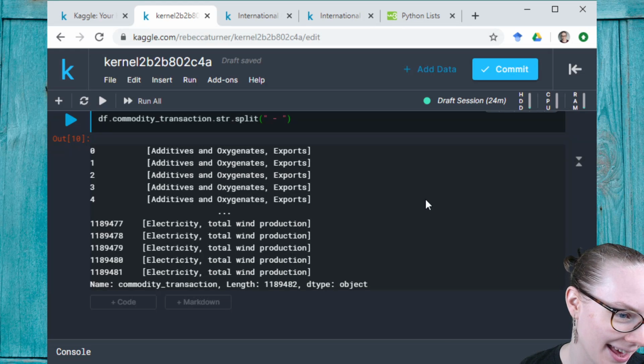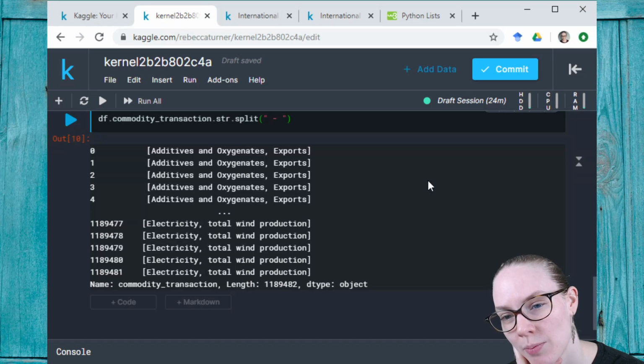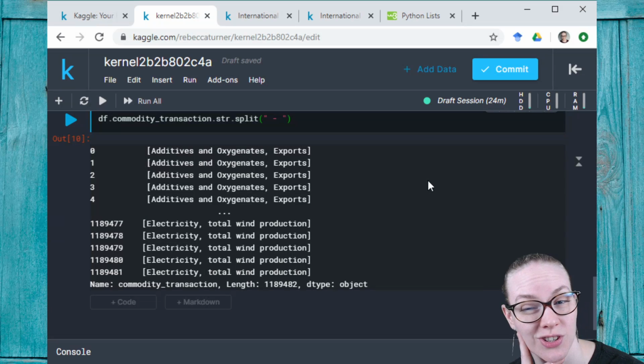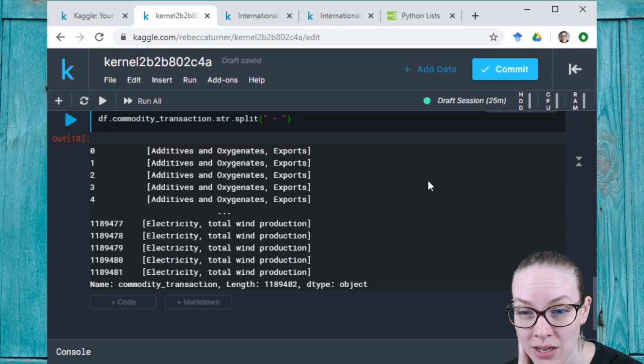So now what I have is a series of lists. Is it going to be more memory efficient to store it as separate columns? Maybe not more memory efficient, but definitely faster for applying operations over the data frame. So we should definitely do that. But the problem is, I think some of these lists are going to have different numbers of values in them.